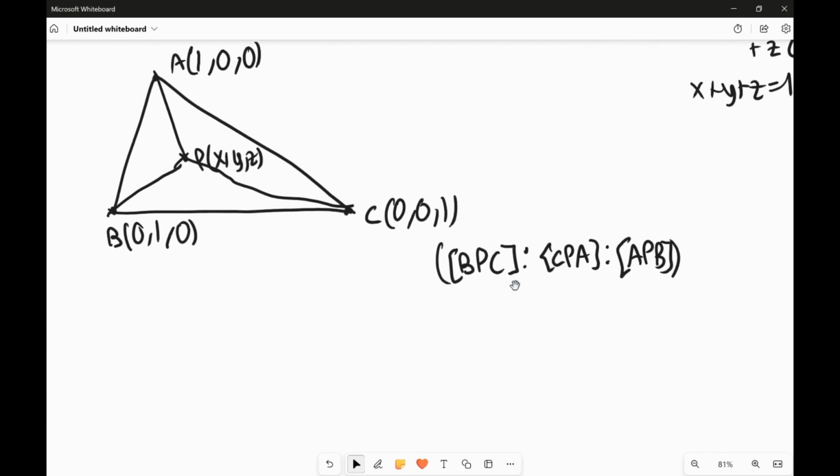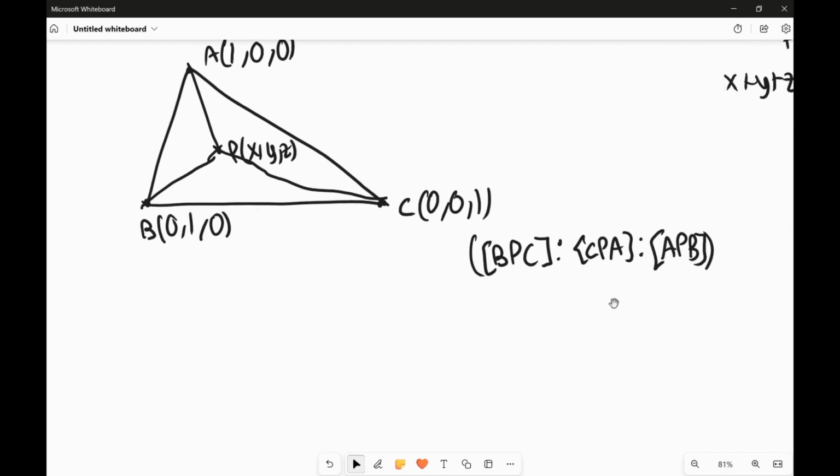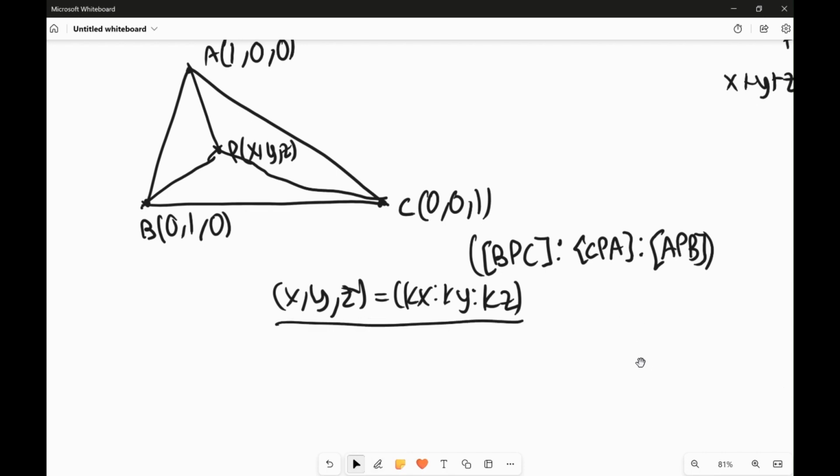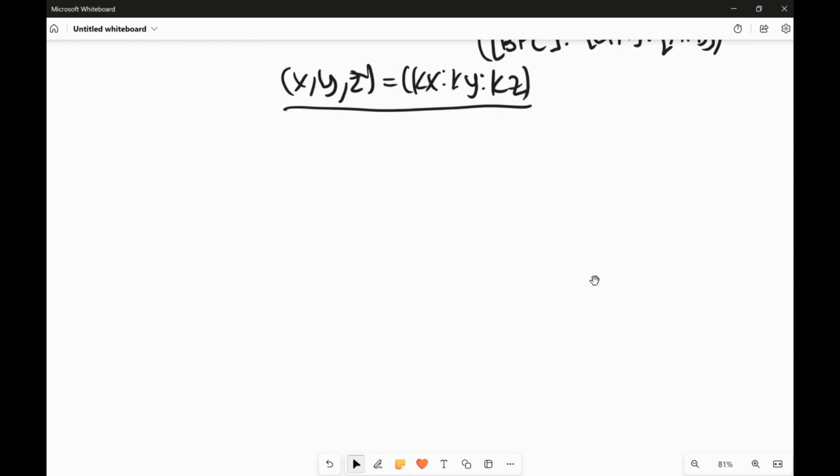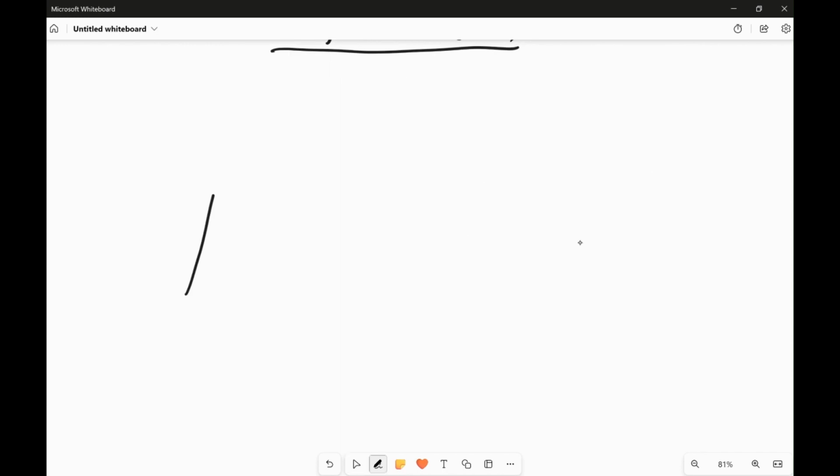This is called the homogenized version of the barycentric coordinates, because the sum can be anything; we're just scaling it up. So if we have (x, y, z), where x plus y plus z equals 1, it is equal to kx : ky : kz.